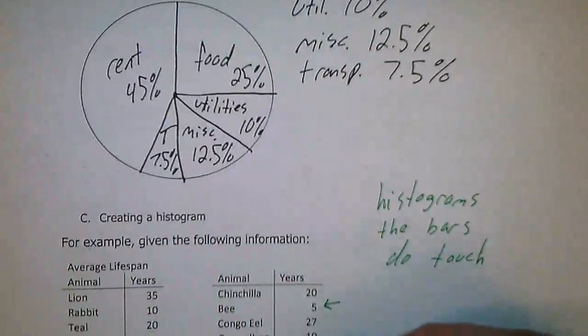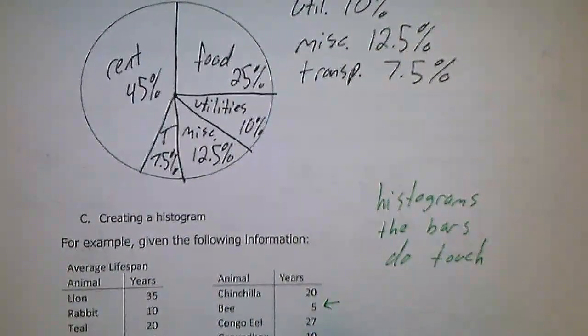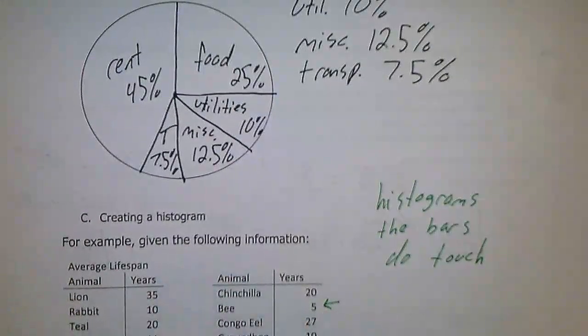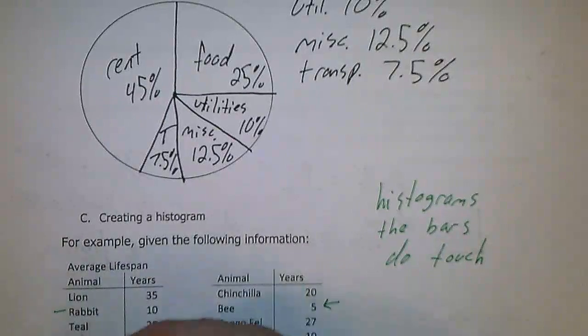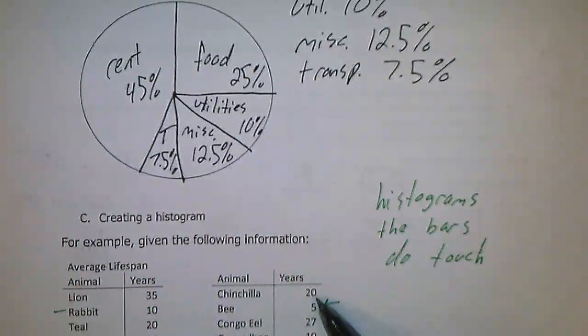How many animals live from 10 to 14 years? Well, there's the groundhog, the squirrel, the grouse, and the rabbit. Did I miss one? Nope, Mr. Turtle.